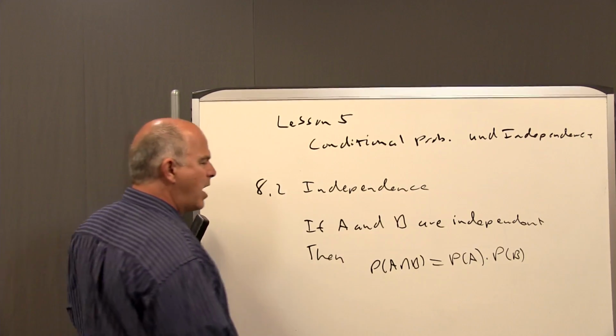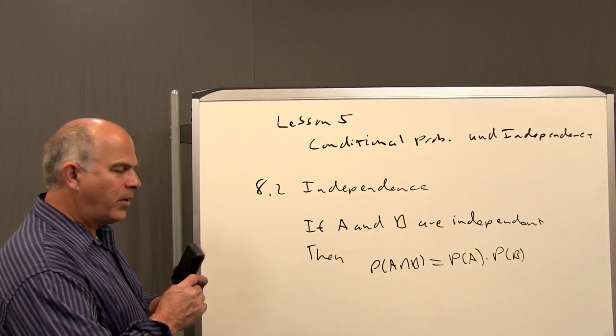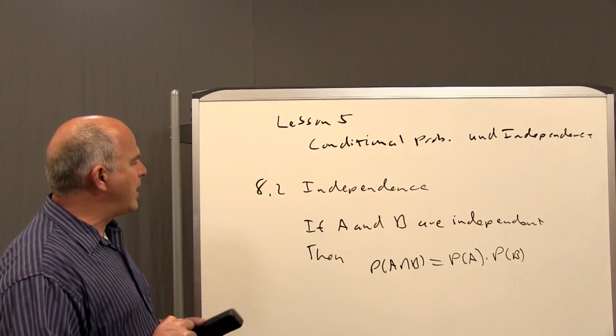Other than that, you have to use conditional probabilities to do it. But when they're independent, then the probability one happens does not affect the other. So keep that in mind.